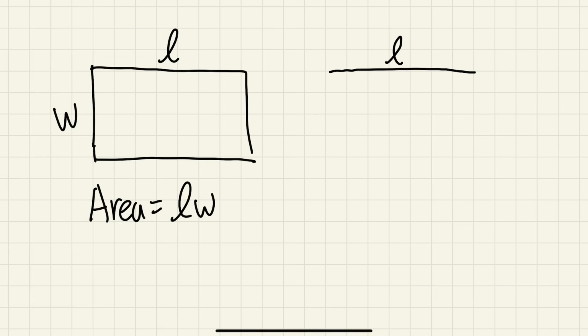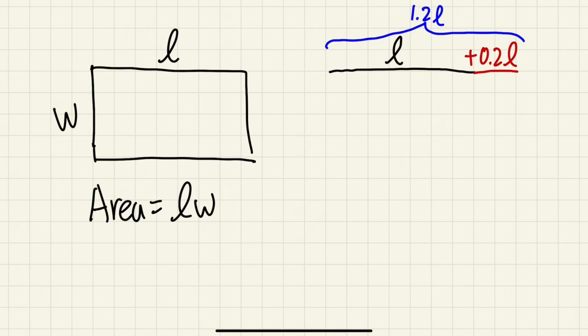So this is the L, and we are going to increase that by 20%, which means we are going to add 0.2 times the original length. So we add 0.2L. L plus 0.2L, the whole thing is now 1.2L. In fact, whenever you increase something by 20%, it's just 1.2 times the original. So that's the quick way to think about it.